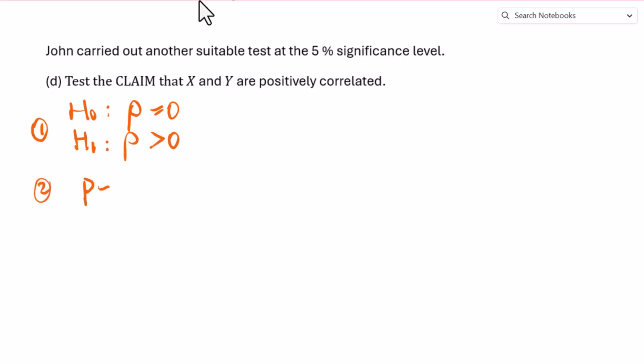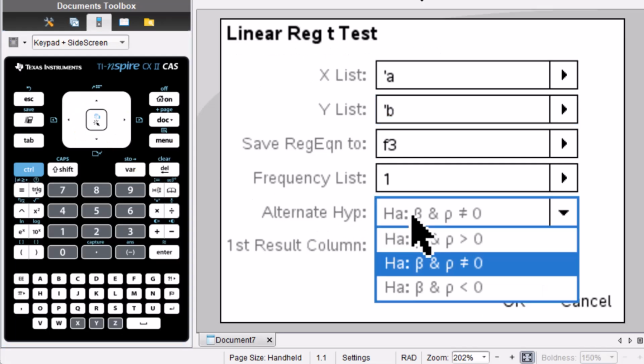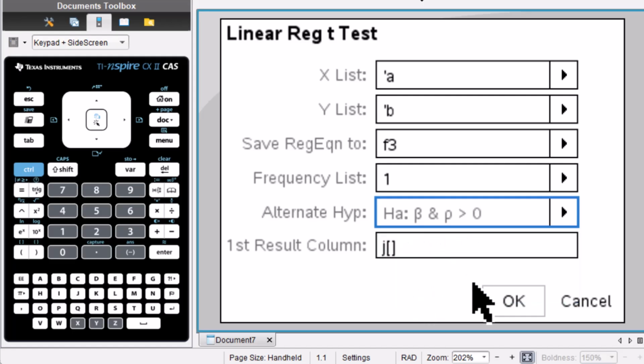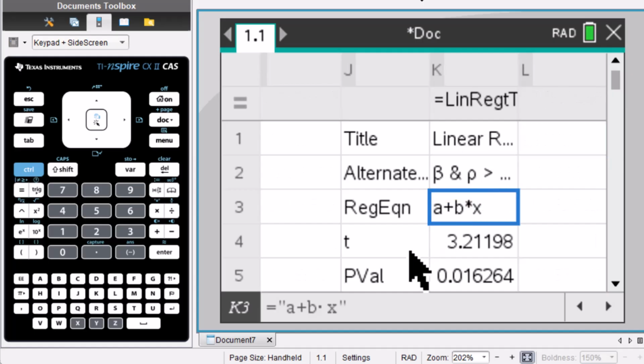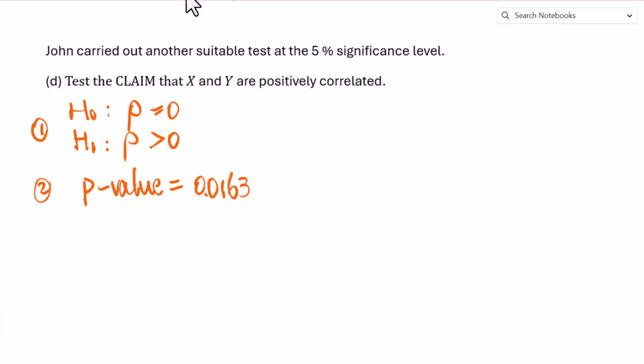Go to calculator to get p-value. For H1, we need to choose rho greater than 0. We got the p-value 0.0163. Then we can draw the conclusion.